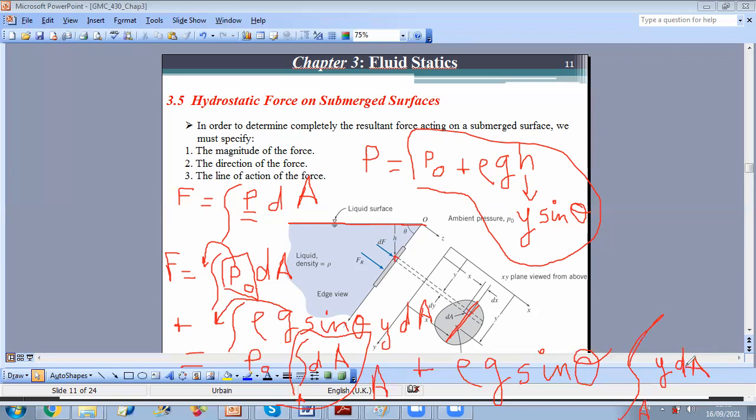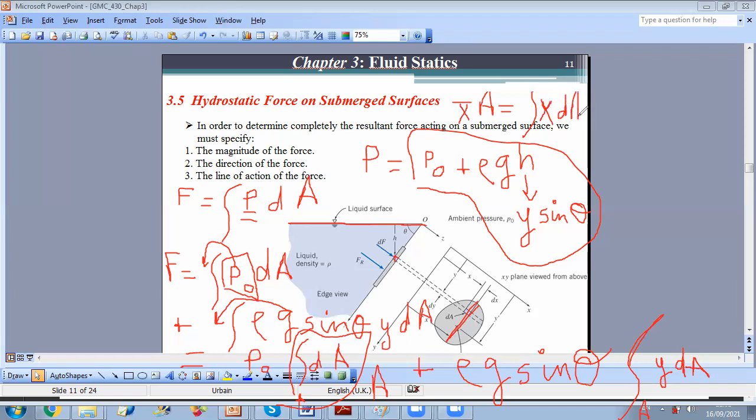Remember when you used to find the centroid of an area, x bar and y bar, how did you find them? I will remind you of the formulas. If we want to find the centroid of an area, what did we do? We wrote x bar times the total area is equal to the integral of x dA. Right?